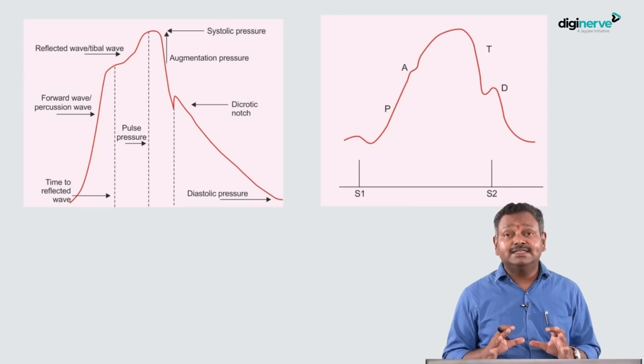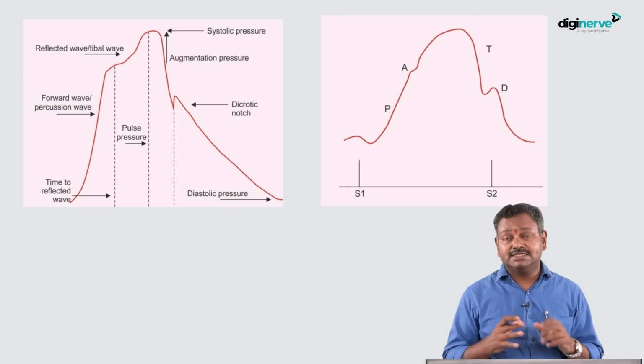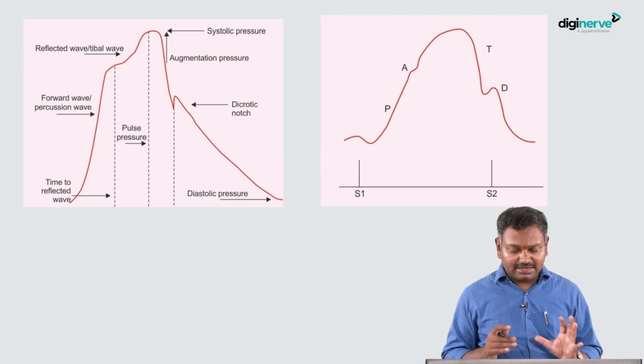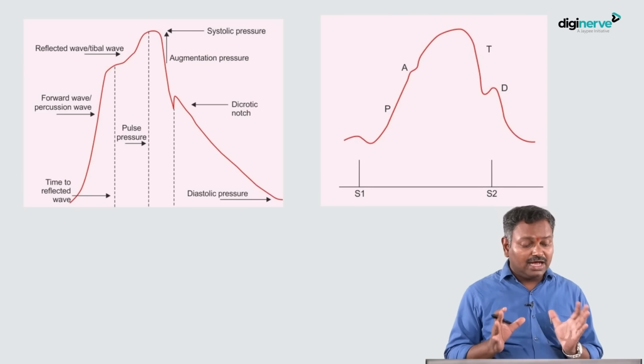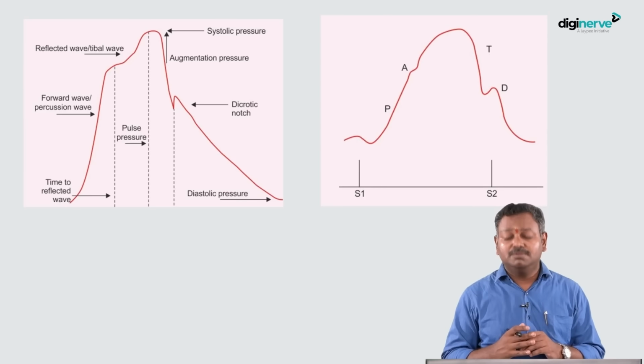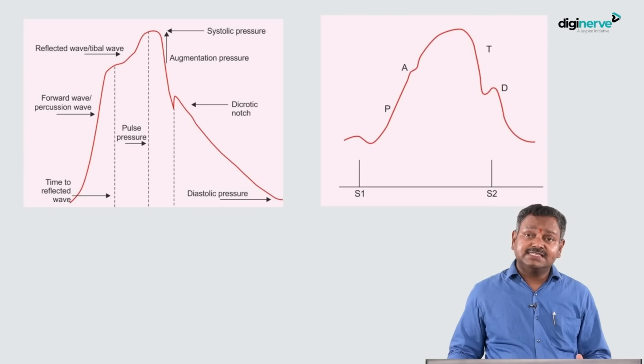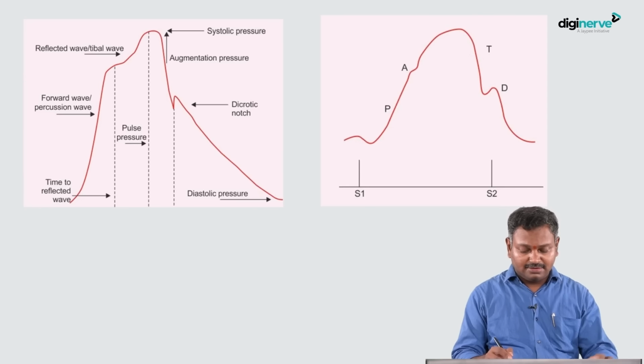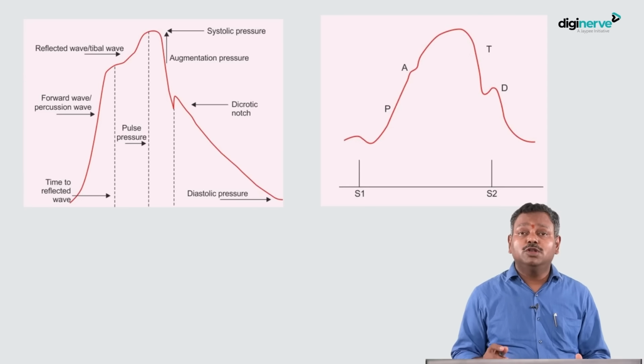Now, when we look at the pulse abnormalities, the character abnormalities, again we can consider our differences based on a high volume pulse or a low volume pulse. When we assess the character, it is easier for us to do it based on the volume.